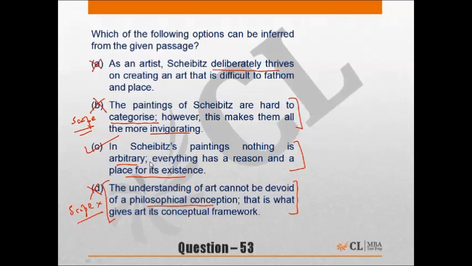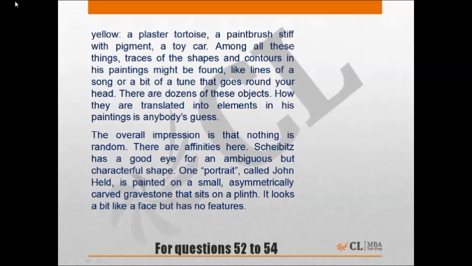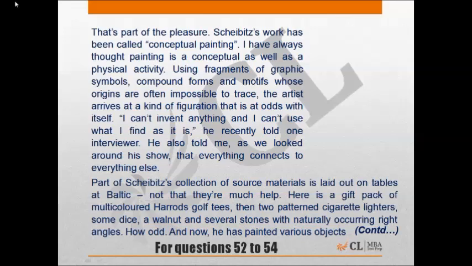But let's quickly go back to the passage and see where it is written. Just to repeat, in Shibitz's painting, nothing is arbitrary. Everything has a reason and a place for its existence. Yes, in this paragraph, he also told me as we looked around his show that everything connects to everything else.